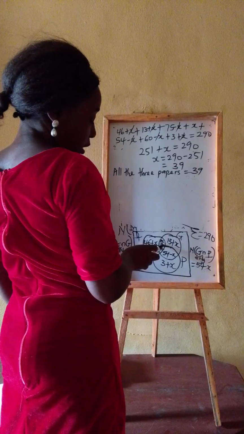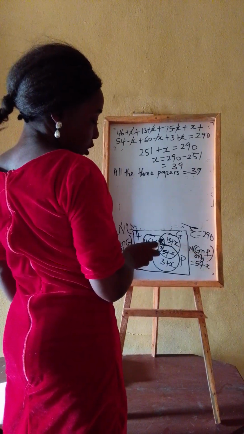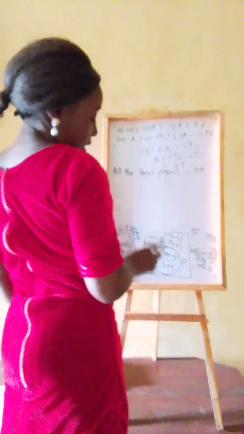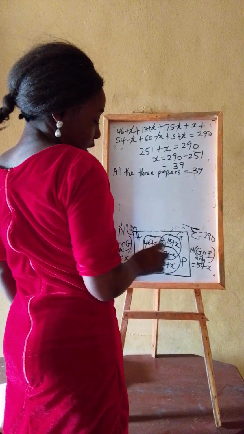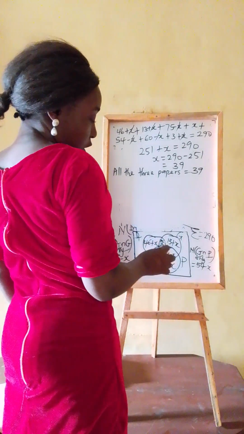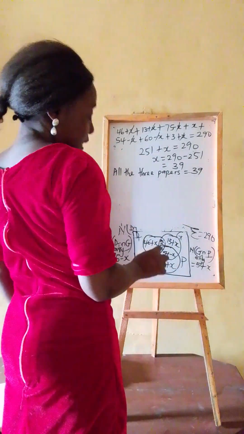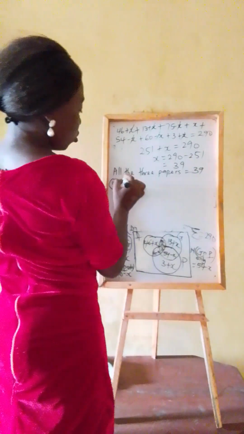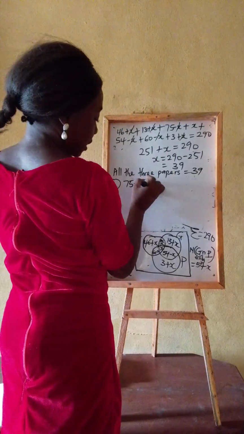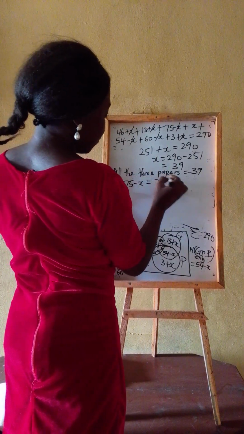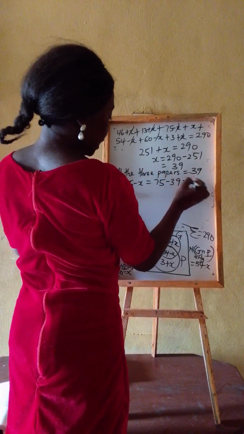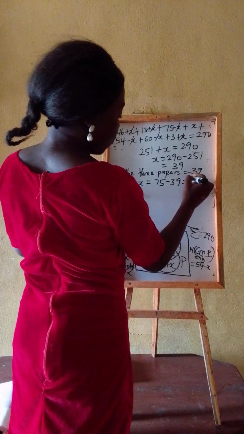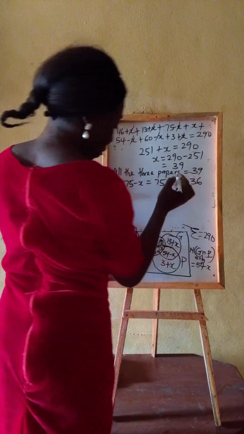This is the intersection of the 2, this and this. For the second part, you just do 75 minus x. That's 75 minus 39, and that is going to give us 36.